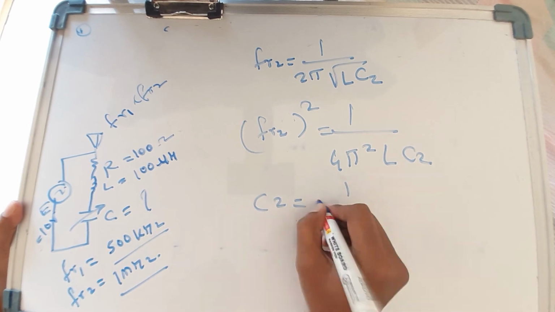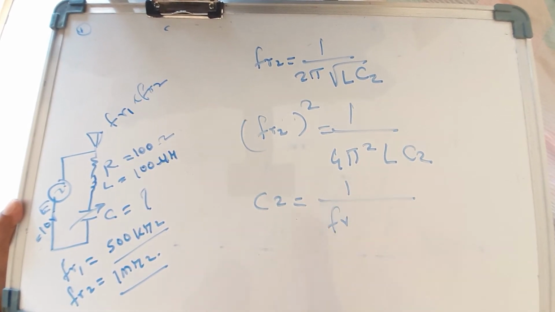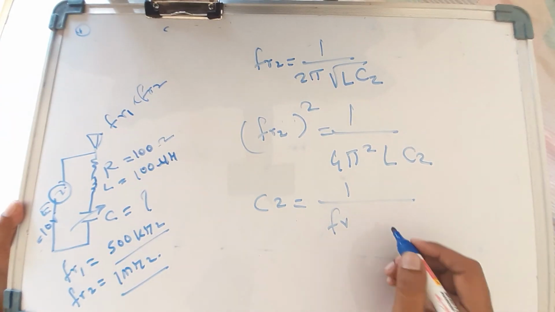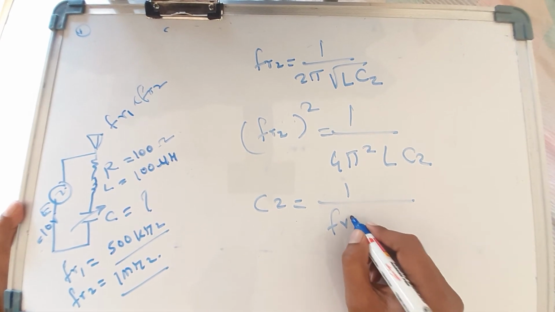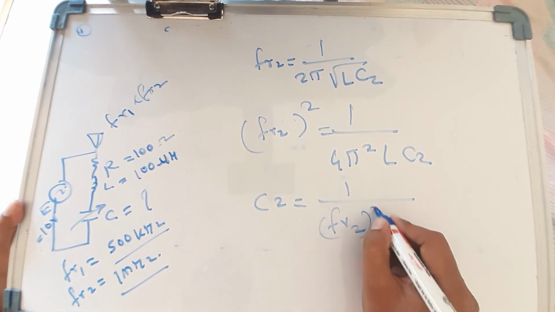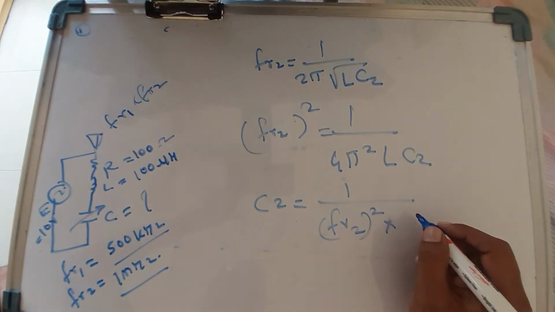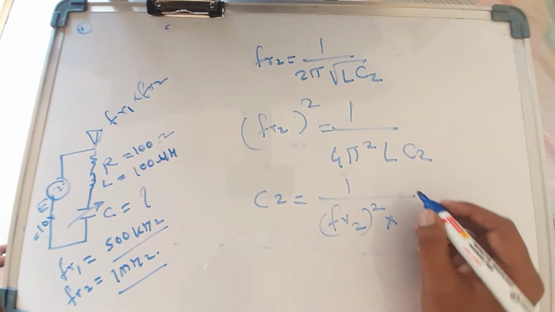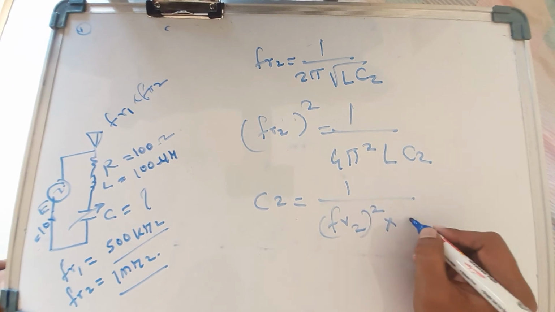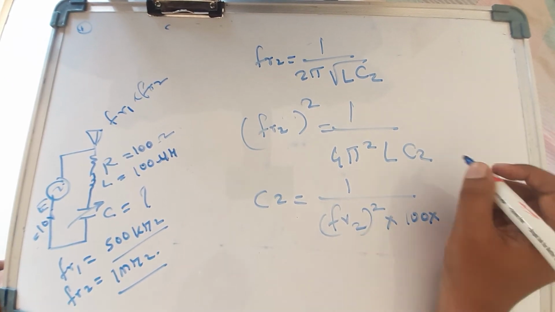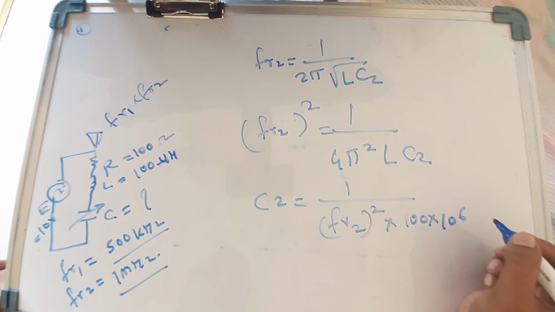So C2 equals 1 upon Fr2 square into L. L value is 100 into 10 raised to minus 6.